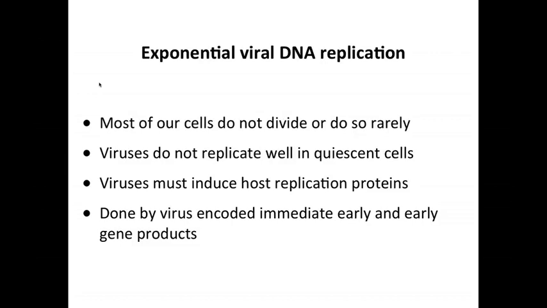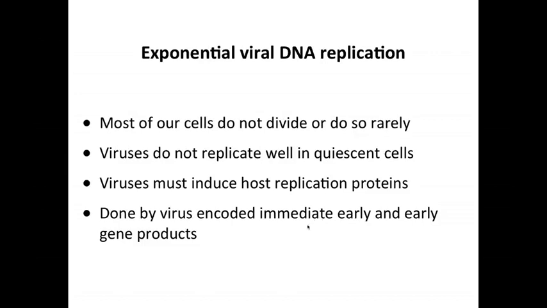So what's the problem? Well, the problem is that the virus has to induce replication because it often enters cells that are not dividing. So viruses must induce host replication proteins, that is, the components of the DNA synthesis apparatus. So they basically kick the cells into dividing.